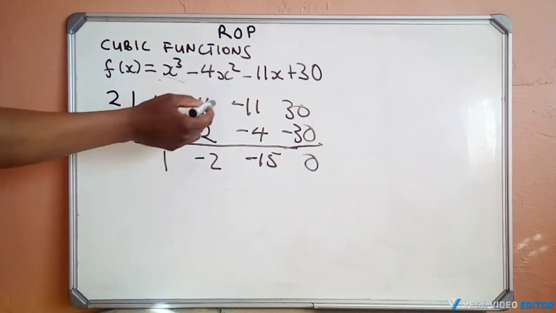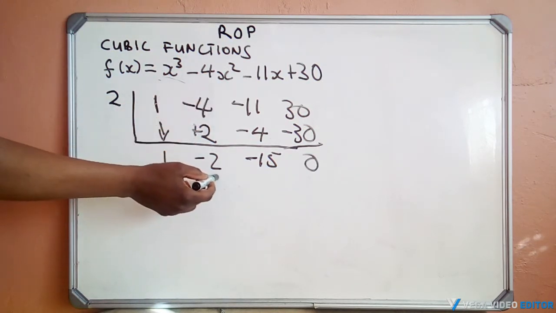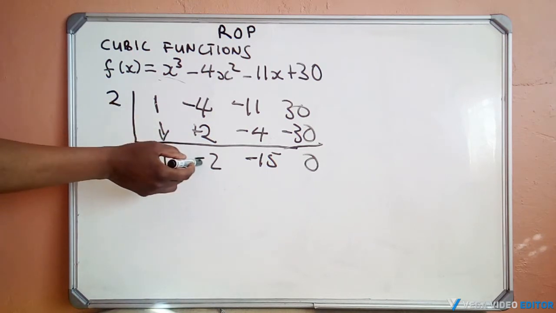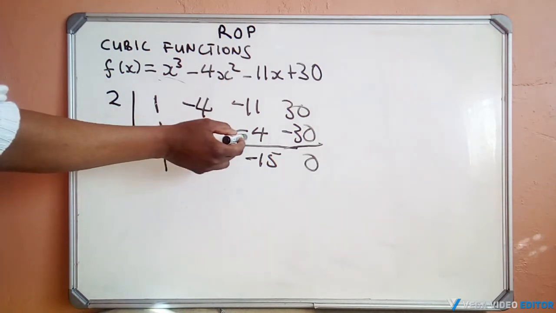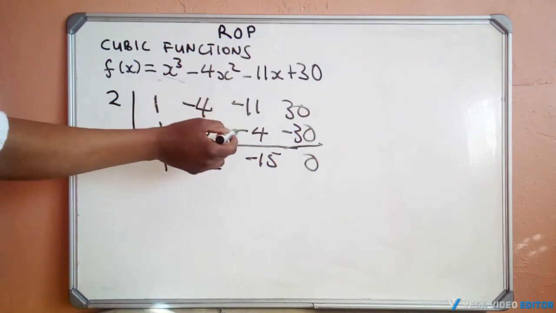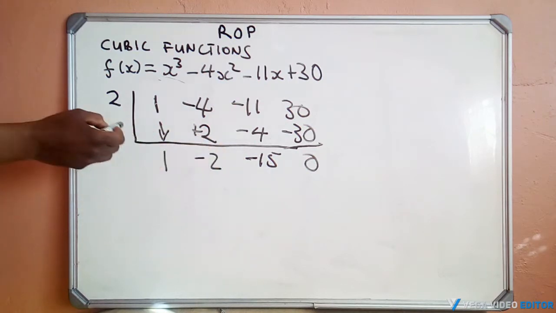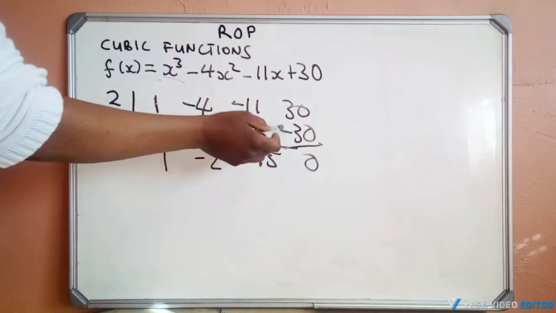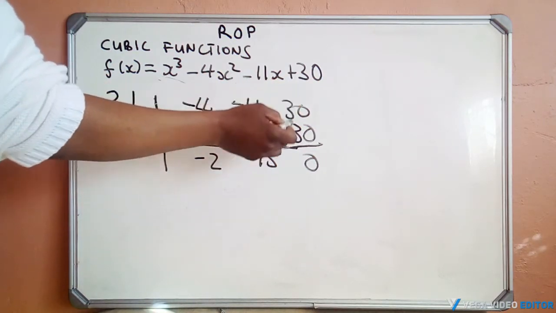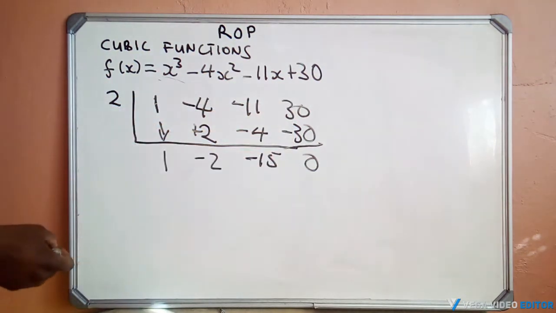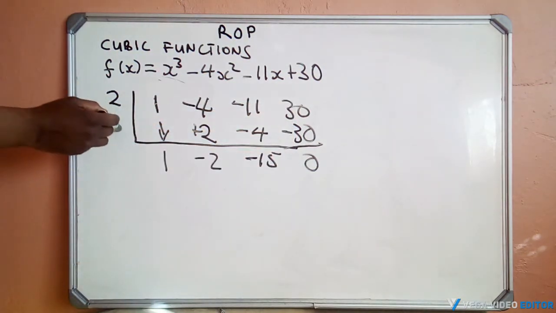So minus 4 plus 2 will give you negative 2. 2 times negative 2 is minus 4. So minus 11 minus 4 is minus 15. Again, 2 times negative 15 will give you negative 30. 30 minus 30 will give you 0. So we're going with 2 there.